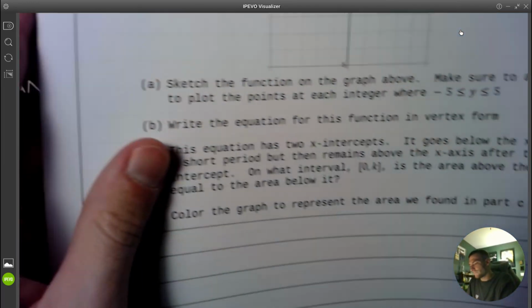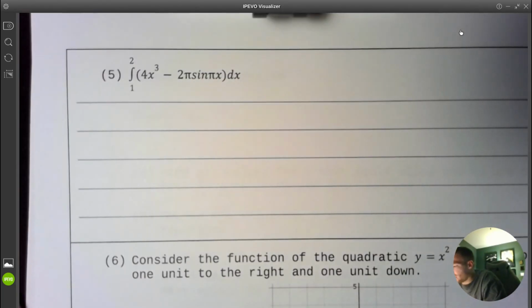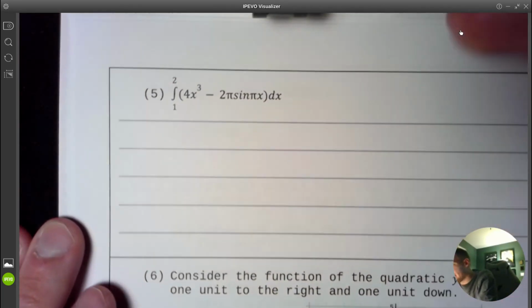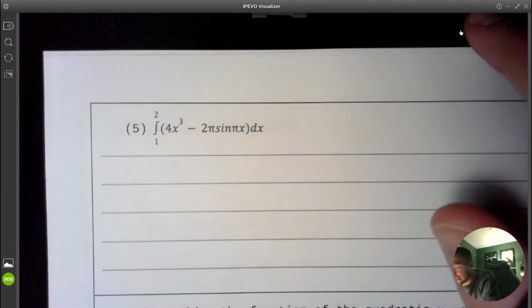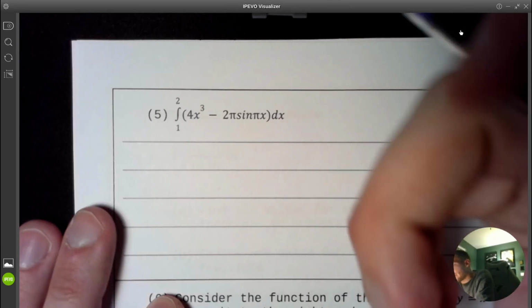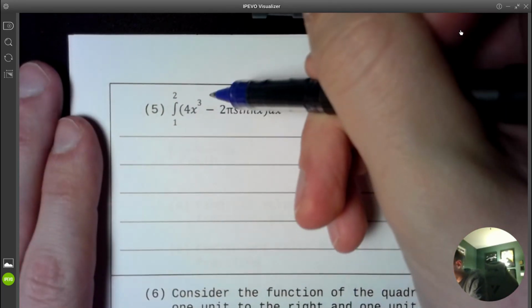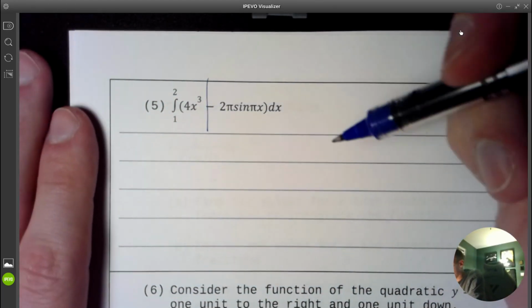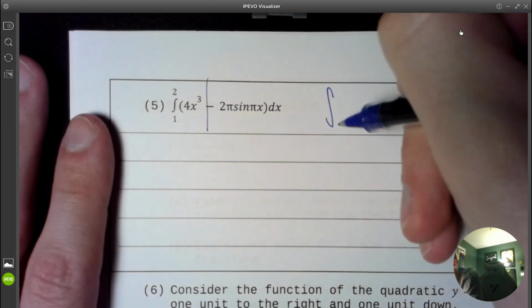Let's go next. Okay, the test did say I needed to do these by hand. I could check this with my calculator because it's a test review. I see this is 2 separate things with the adding or subtracting, so I would probably break this up.